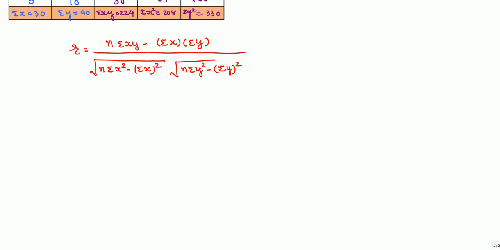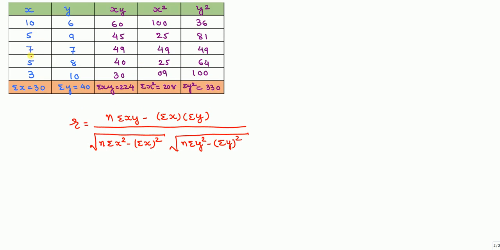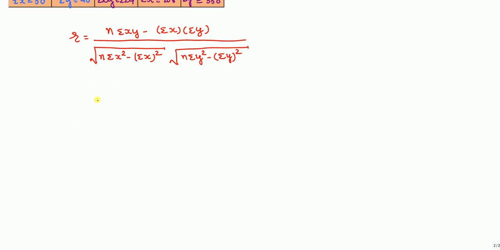Now substitute the values. First find out n: 1, 2, 3, 4 and 5. N is given by 5.